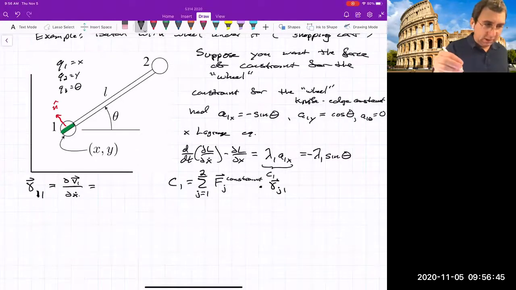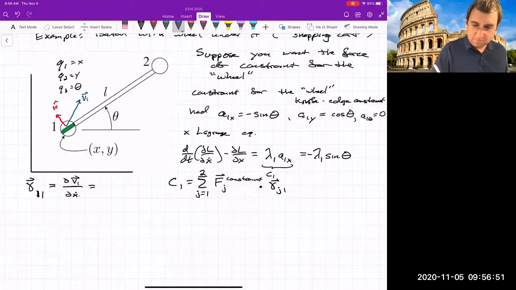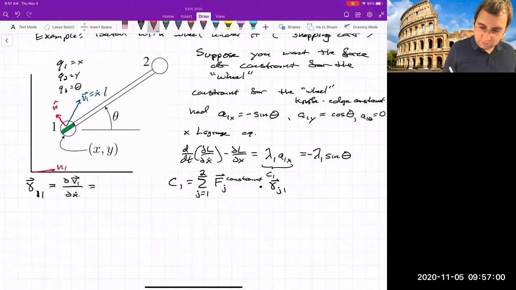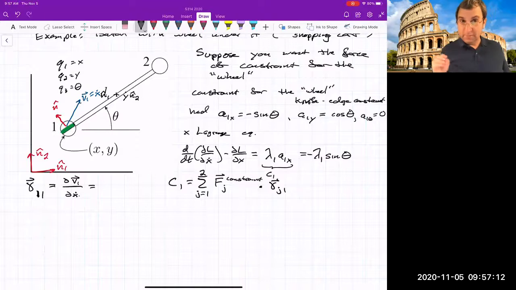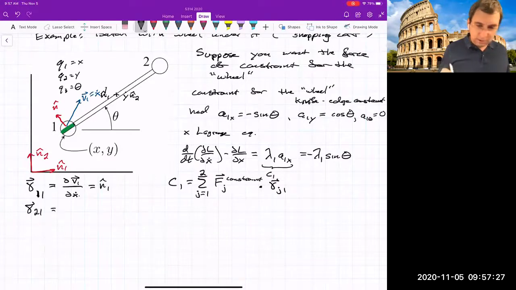That ends up being, because if you write the unconstrained velocity, it is x dot N1 plus y dot N2, with directions N1, N2. So partial v1, the unconstrained velocity, partial x dot gives us N1.